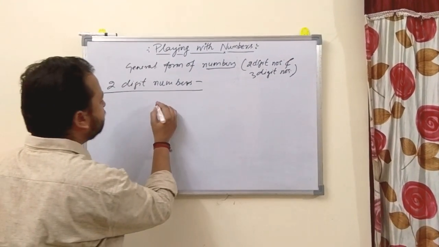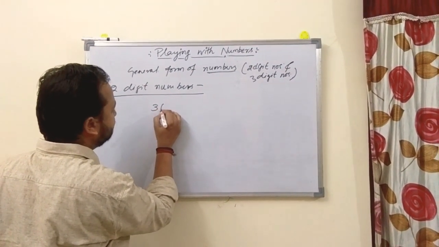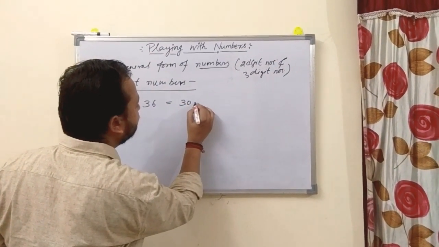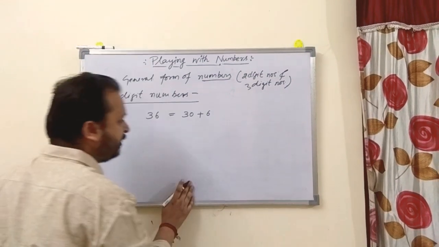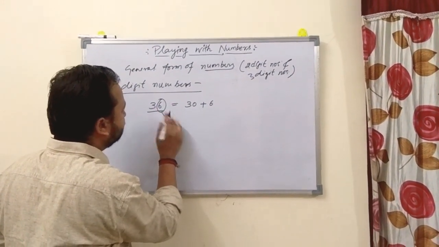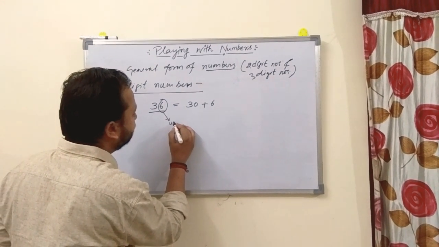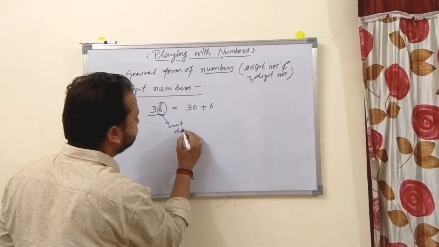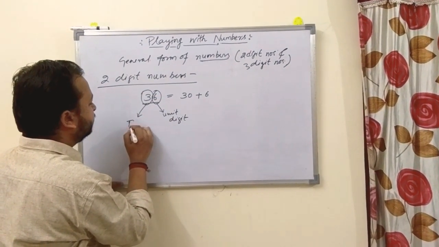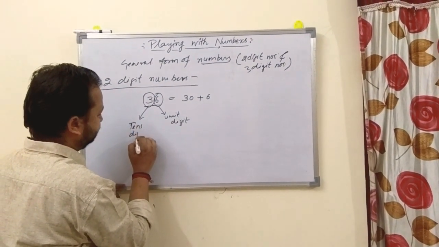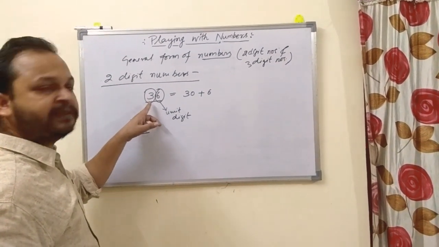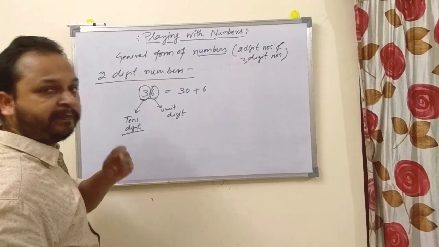Let's take a 2-digit number, 36, right? 36, you can write it as 30 plus 6. In 36, you know that the 6 is unit digit and 3 is tens digit. Means 3 comes at tens place, 6 comes at unit place.